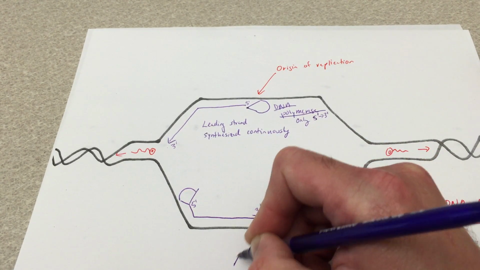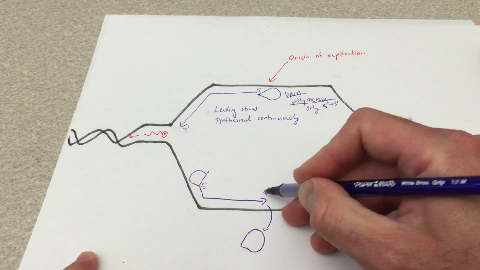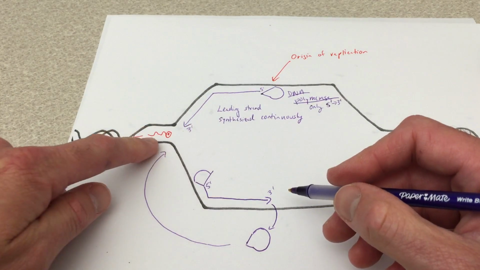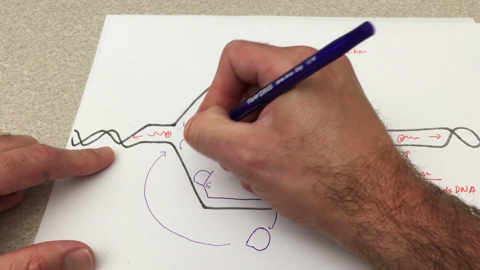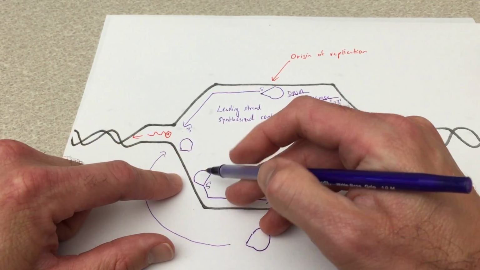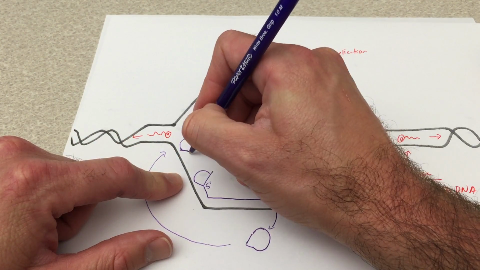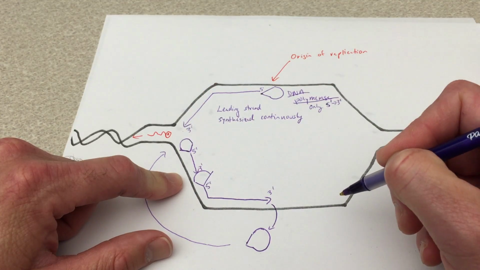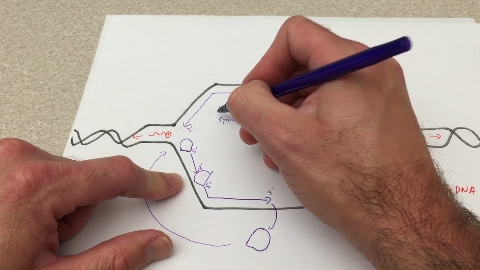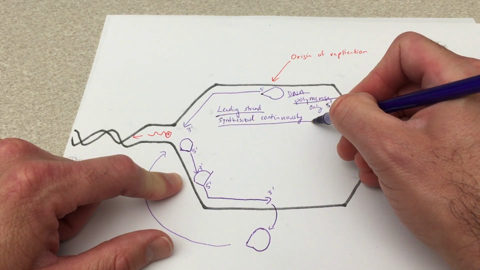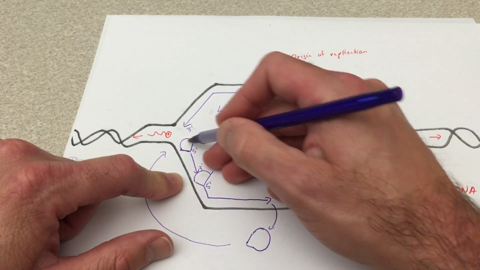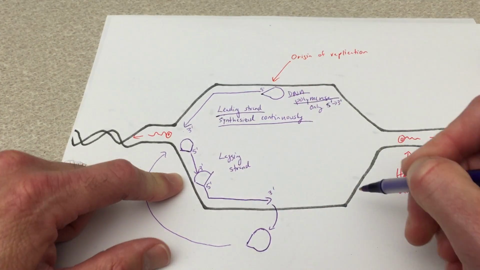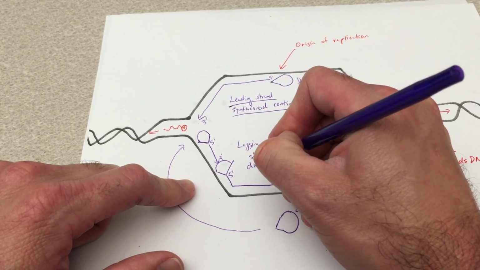And then the DNA polymerase can come off and go around, and wherever DNA helicase exposes more single-stranded DNA, DNA polymerase can lay down another little piece in the 5' to 3' direction. So notice here that on the leading strand, this DNA is synthesized continuously, but on this side, this is the lagging strand, and it is synthesized discontinuously.